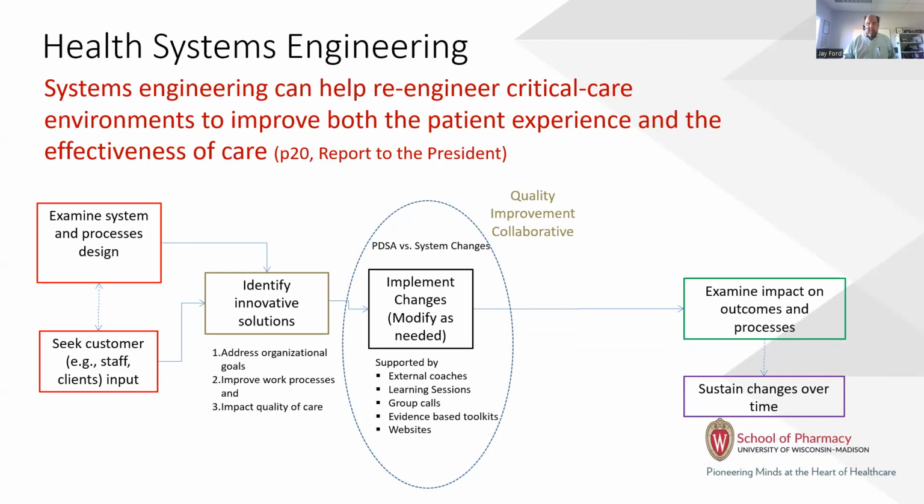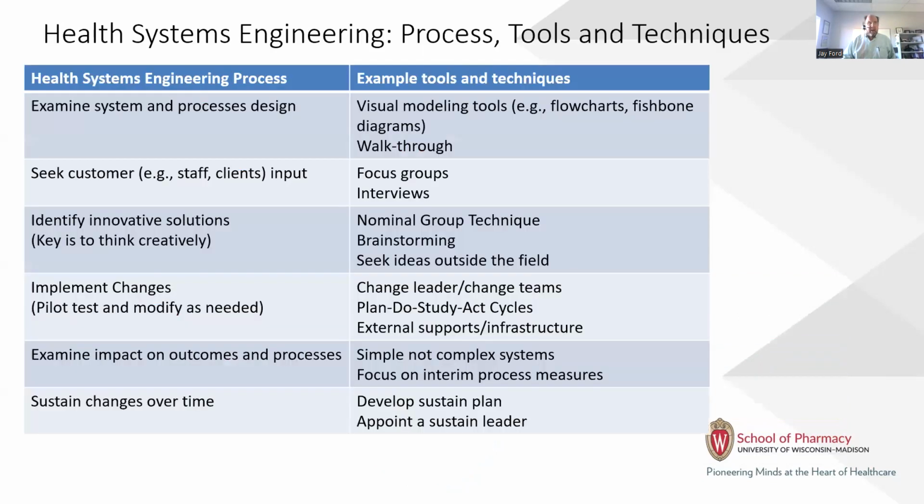So when I think about this from the perspective of a health systems engineering process, I go back and look at some of the tools that I learned in my training about how we can apply health systems engineering process and tools to move things forward.